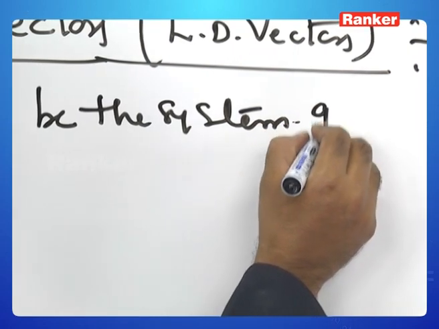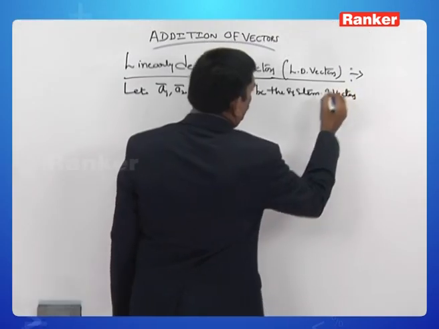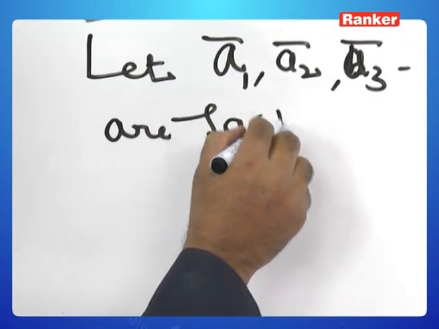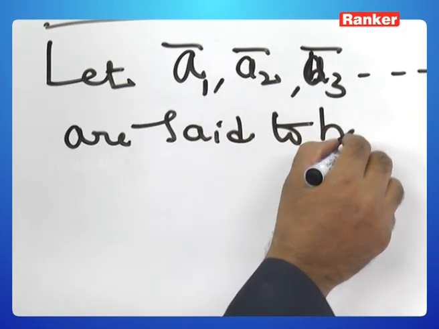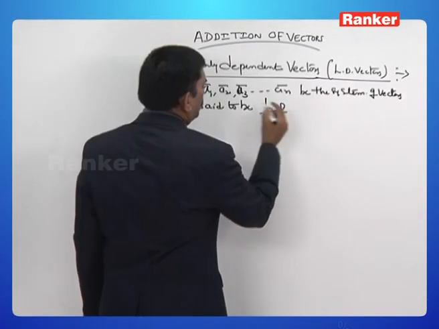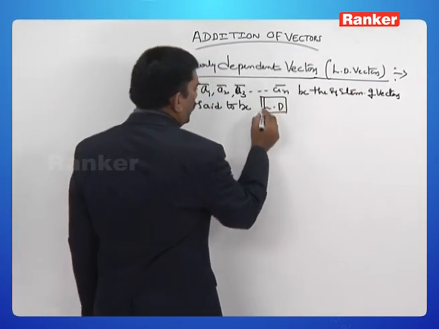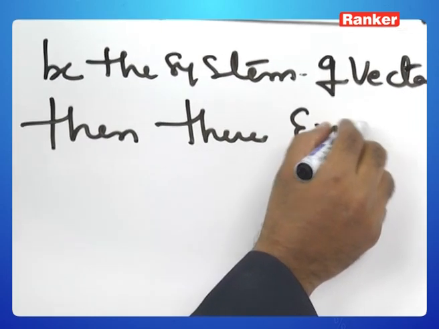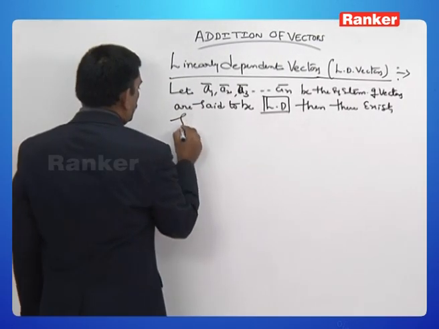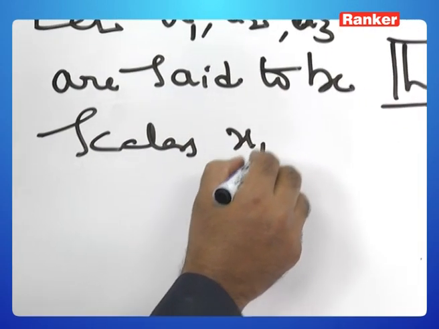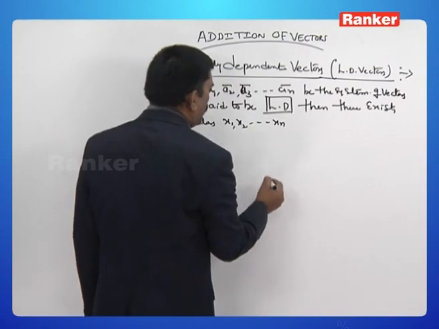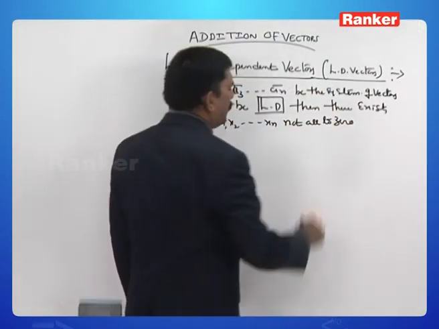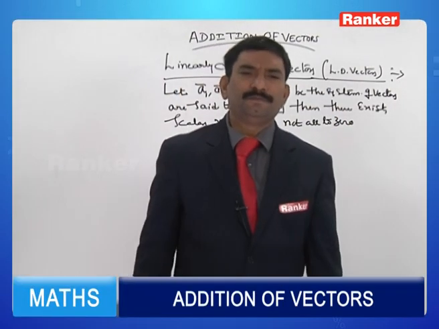The system of vectors are said to be linearly dependent, then there exist scalars x1, x2, and so on, xn, not all equal to 0.